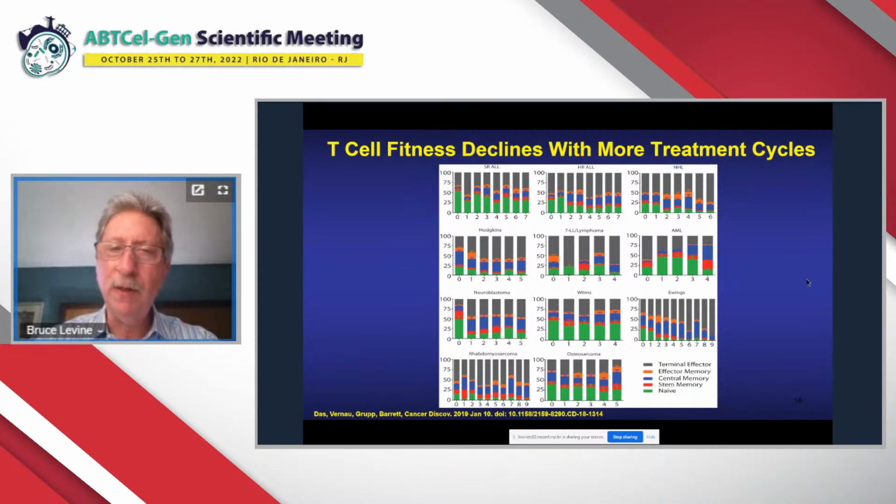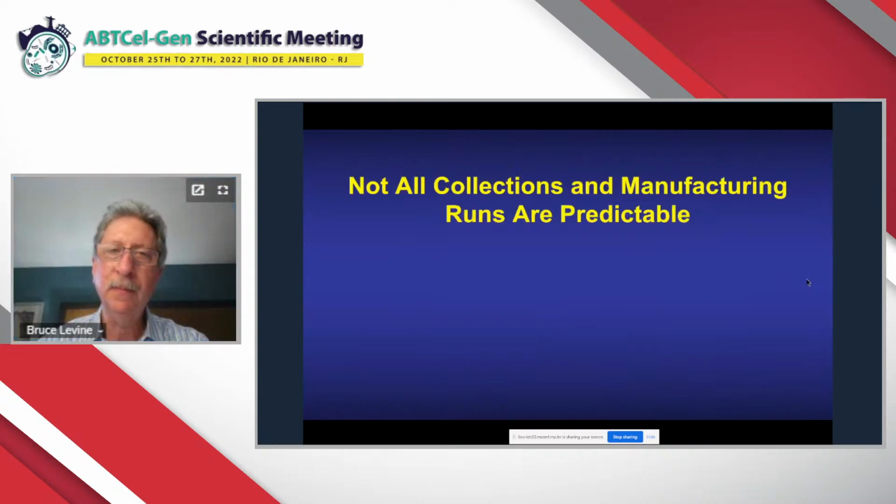Because we're presented with this conundrum. The approvals so far are in relapse refractory patients, and we are getting patients that have undergone many treatment cycles. And what you can see here is the greater number of treatment cycles, the higher the predominance of this gray subset, which is the terminal effector T cells, which are the ones that you don't want.